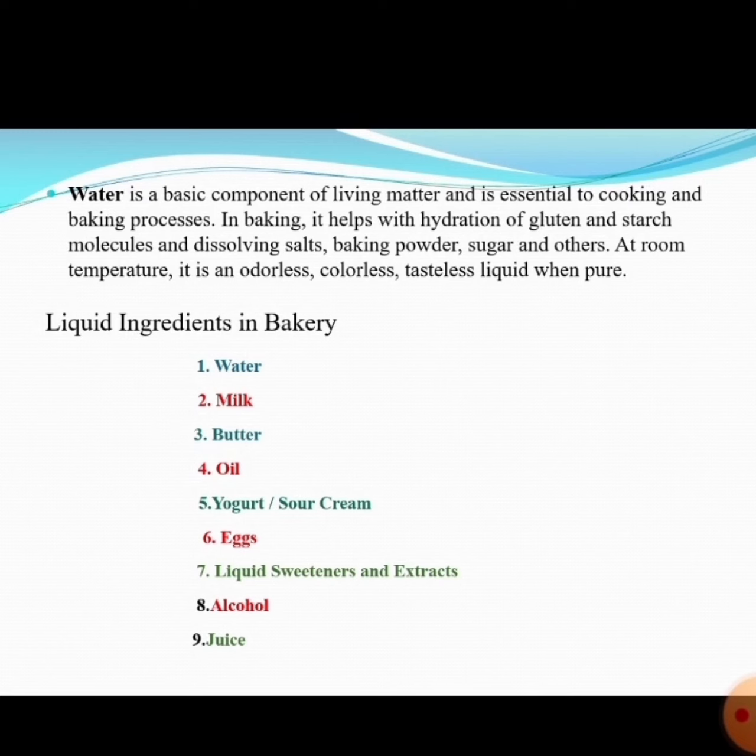In most bakery products, we use various forms of liquid ingredients. Now we will see what ingredients we use in the liquid stage: water, milk, butter, oil, yogurt, egg, liquid sweeteners and extracts, alcohol, juice.